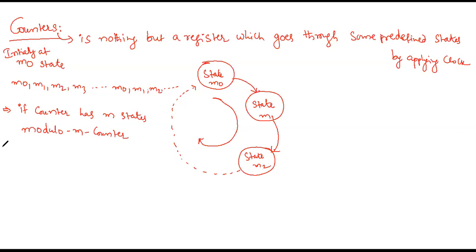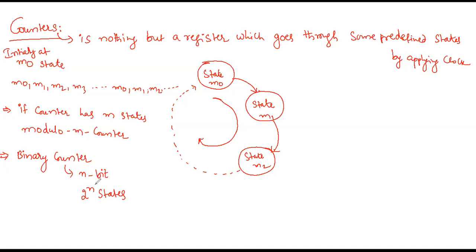Now, in counters also we have so many types, and particularly we are discussing the binary counter. If the binary counter is n bit, a binary counter with n bits will have 2 to the power of n states.